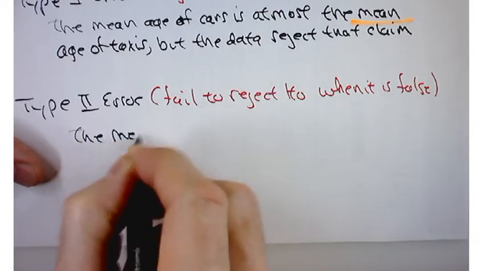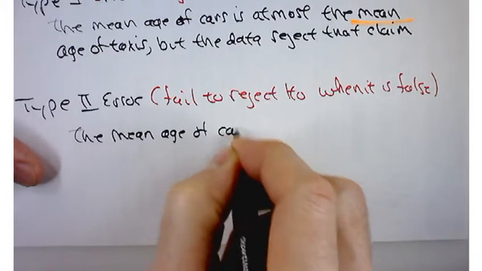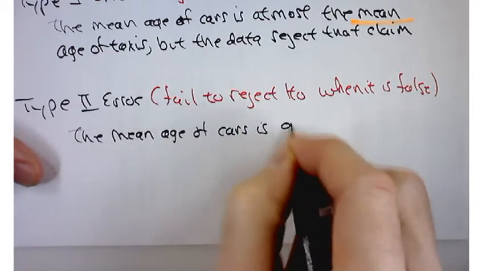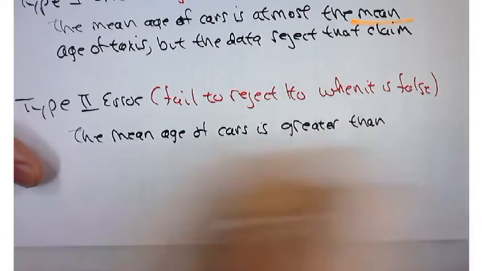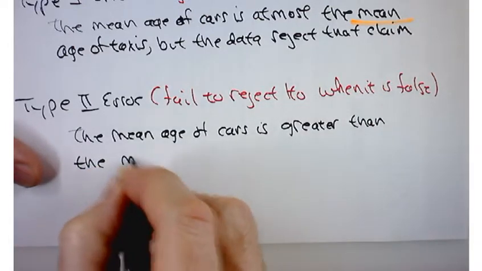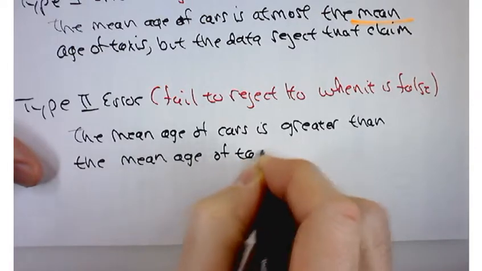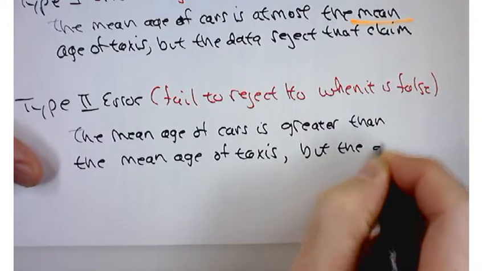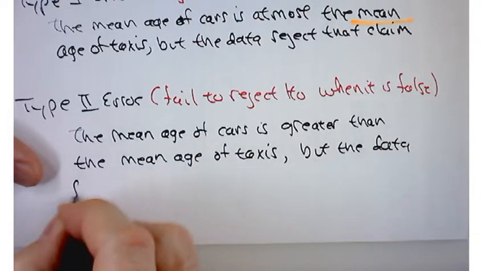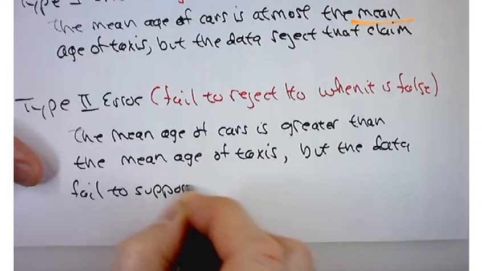The mean age of cars is greater than the mean age of taxis, but the data failed to support that claim.